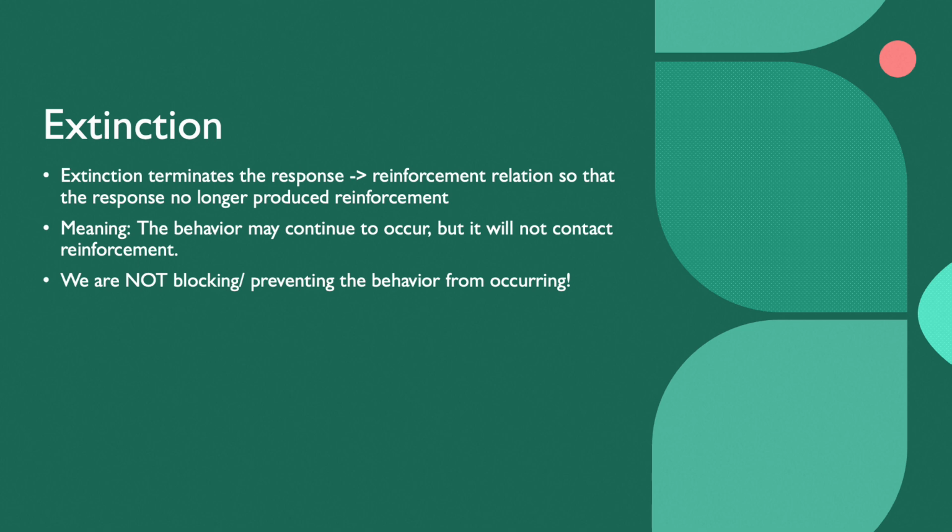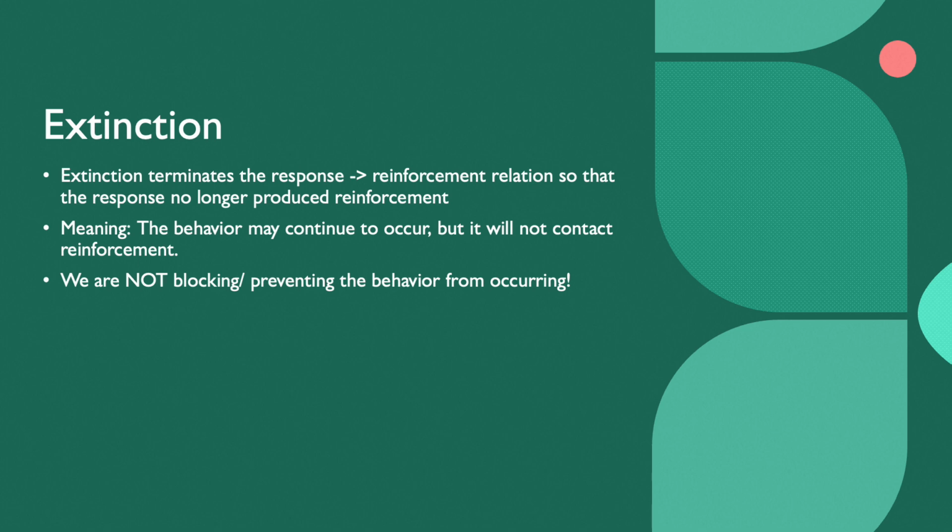Okay, so I want to clarify a few things about extinction. Extinction is, like I said, when we are withholding reinforcement contingent on a behavior. Contingent on a behavior means that the behavior has to occur, and then after, the consequence that's implemented for engaging in that behavior is that no reinforcement is provided, or that the reinforcement is withheld. Meaning that extinction is terminating the response to reinforcement relation so that the response is no longer producing reinforcement.